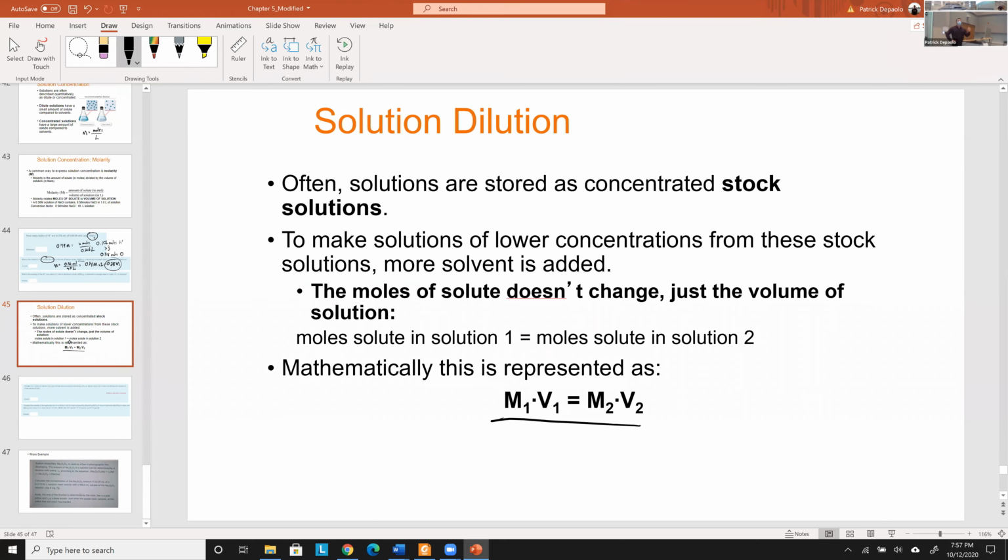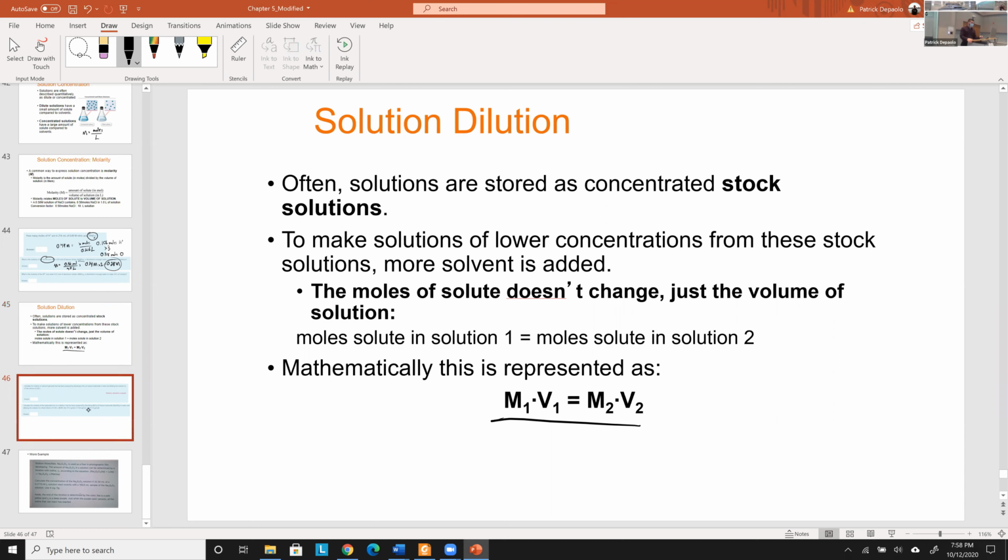The volume required to do that will be calculated as V2. So any one of those 4 variables could be missing, and you can solve equations to figure out the 4th variable. When you're doing this dilution, it doesn't matter which one is 1 or 2, either M1 or V1 or M2 or V2, as long as the concentration is together with the correct volume.